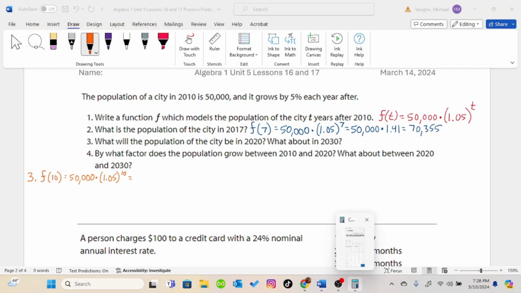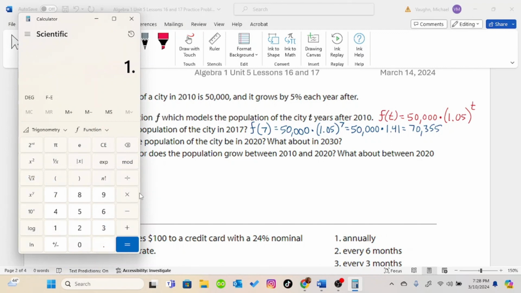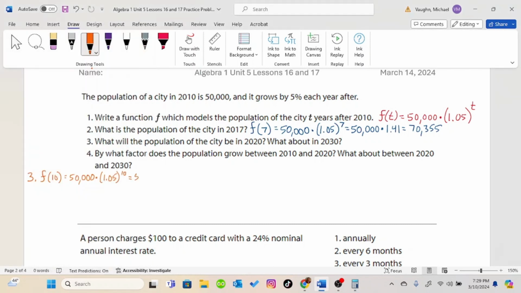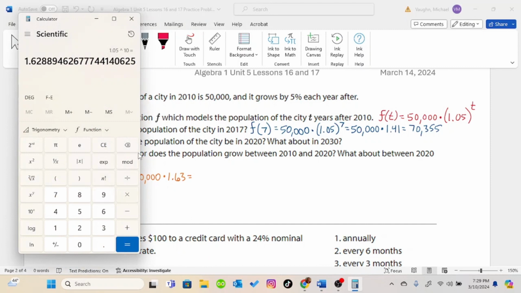We do the exponent part first. 1.05 to the power of 10 equals approximately 1.63. Multiply that by the original 50,000, and that equals 81,445.